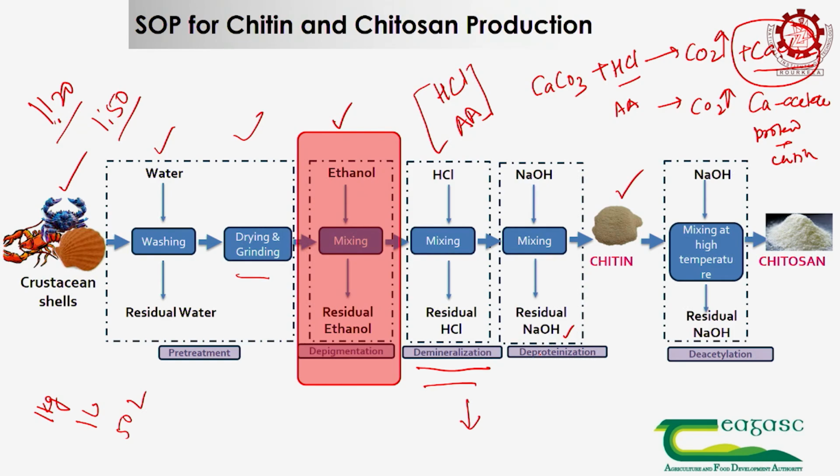This protein can be precipitated back with HCl to get a protein biomass out of shells, though it will be a very small quantity. The majority of the composition of shell is calcium carbonate. And this chitin, if treated at very high temperature, forms chitosan, which is what is sold.